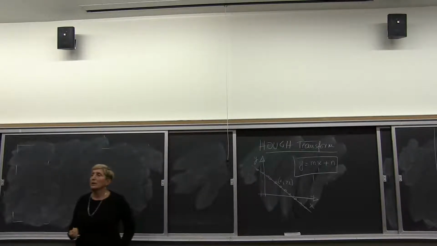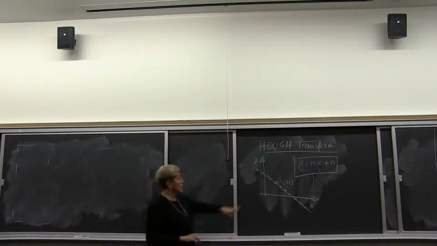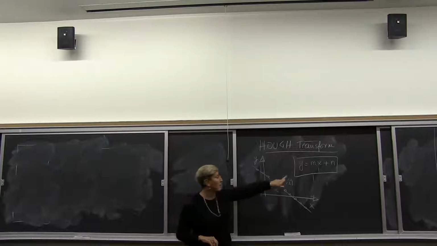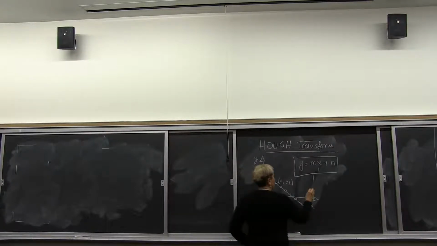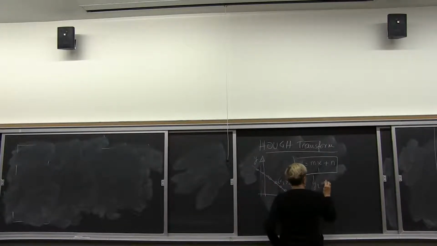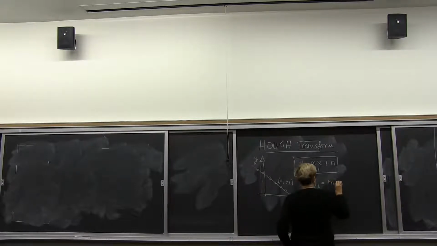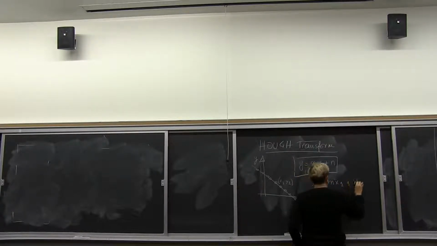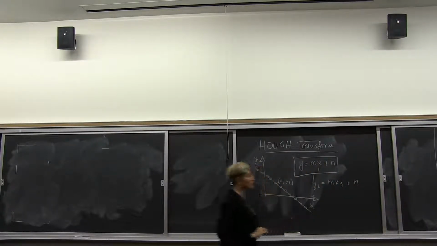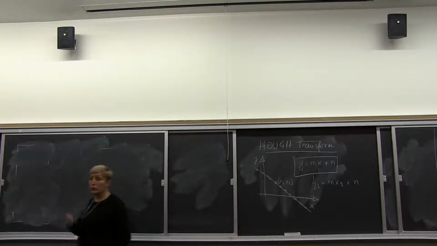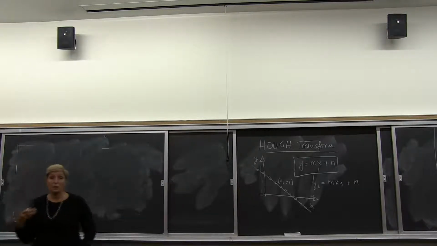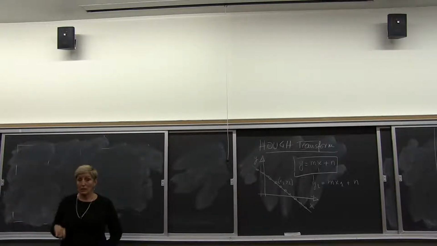I know that if it belongs to this line, it has to satisfy this equation, which means that y1 has to be equal to m x1 plus n. Of course, I don't know what m and n are because I don't know whether the edge belongs to a line or not.